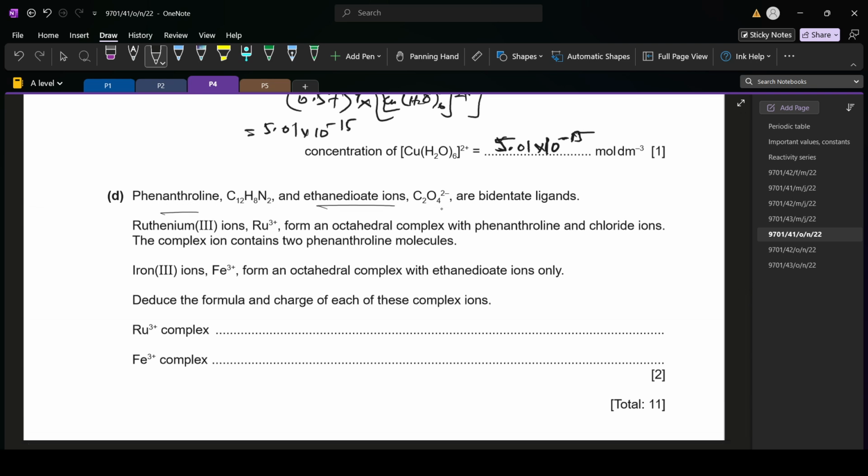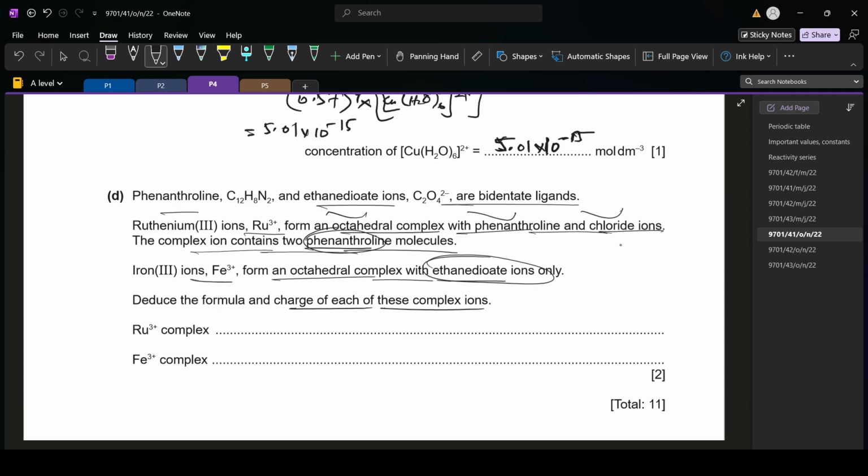Phenanthroline and ethanediol are bidentate ligands. Ruthenium 3 forms an octahedral complex with phenanthroline and chloride ions. The complex ion contains two phenanthroline molecules. Iron 3 forms an octahedral complex with ethanediol ions. Deduce the formula and the charge for each of the complexes. The metal forms a complex with phenanthroline and chlorides, which has an octahedral geometry, and there are two phenanthrolines.